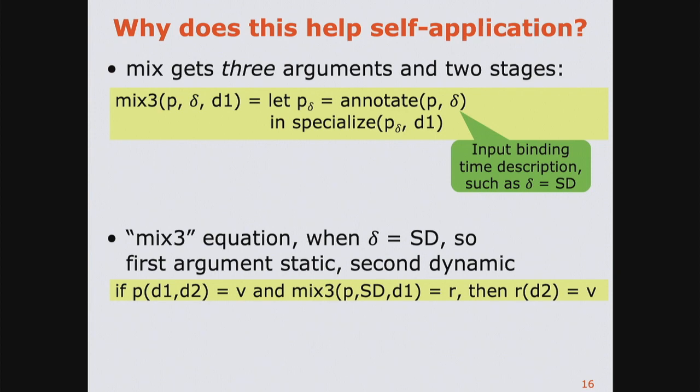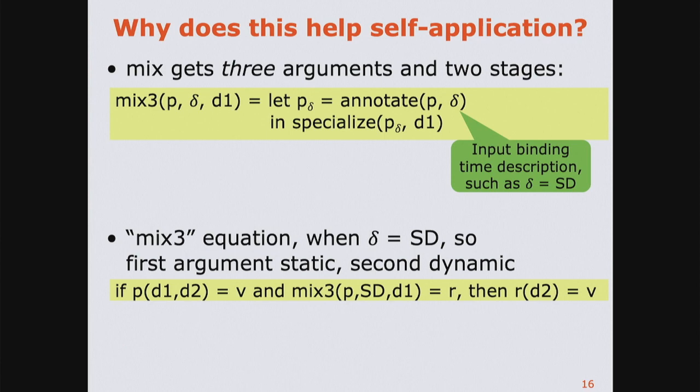So in addition to the program to specialize and the partial data to the program, we give it a binding time description, and then a separate stage, the annotate, can analyze the given program and the binding time description, maybe SD, saying the first argument is static and the second is dynamic, and produce an annotated program to be specialized. And then the specializer proper will work on this annotated program. That's exactly how our mix came to work.